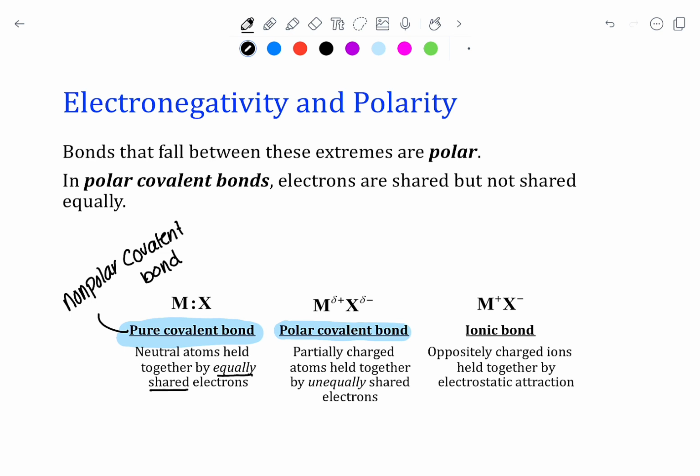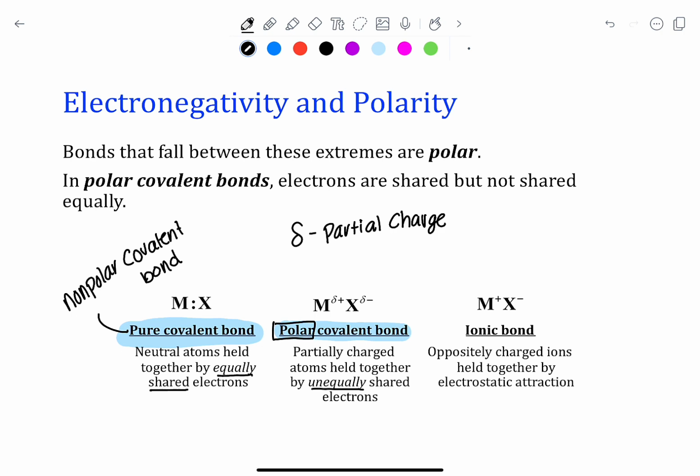In a polar, so keyword there being polar covalent bond, this means that the electrons are being shared unequally. So one atom is pulling more electrons than the other from that bond. And we show this with partial charges. So this little delta symbol that we see here means partial charge.